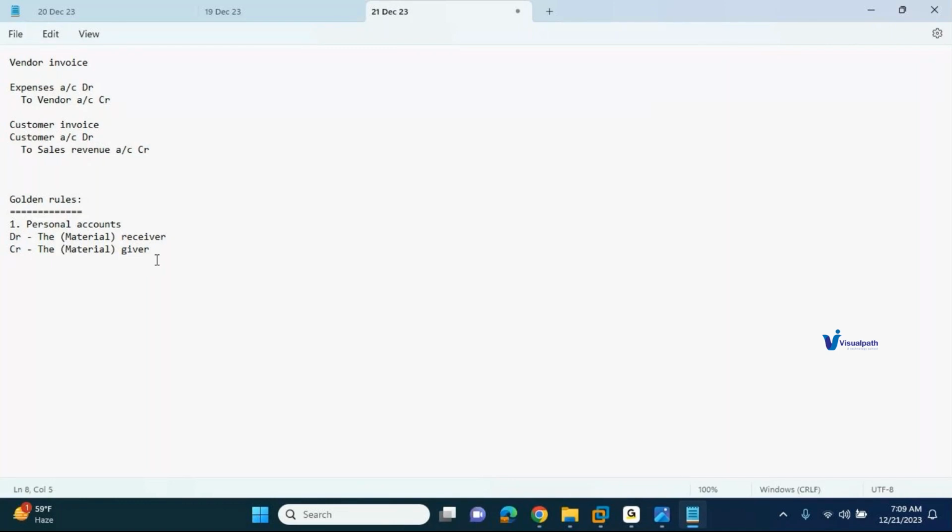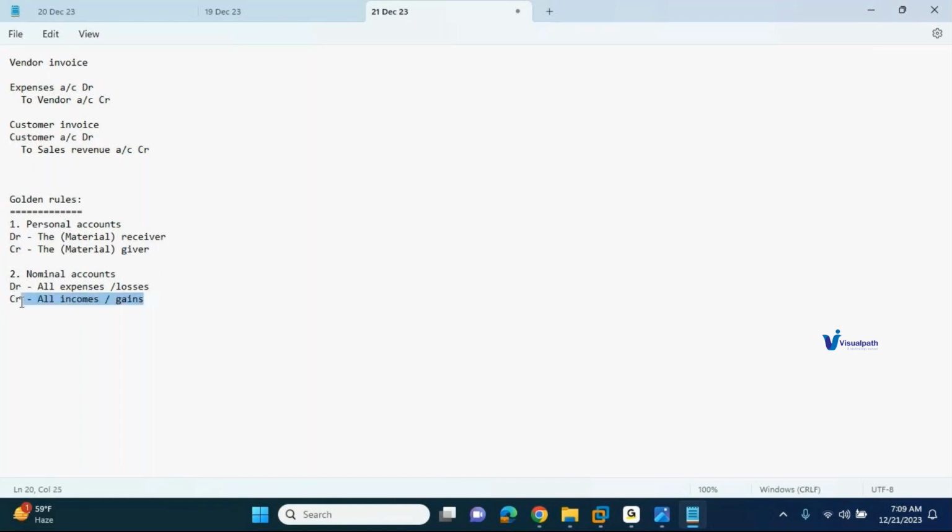So how can I remember? The next rule is the nominal account. In nominal accounts, what is the nominal account rule? Debit all expenses and losses, credit all incomes and gains.